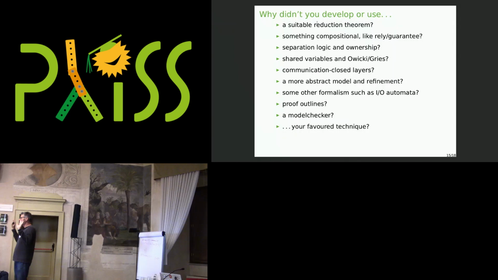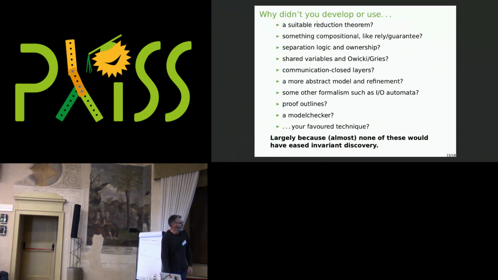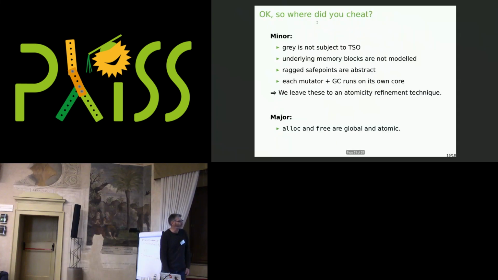Maybe they'll invent a scalable technique. If they invent one, I'll be glad to use it. But right now, we were just dealing with global invariants and simple state transitions. And it wouldn't have helped, because we had to discover the invariants ourselves as we went. We cheated a little bit in the model. The model isn't the exact faithful replica of the actual collector.